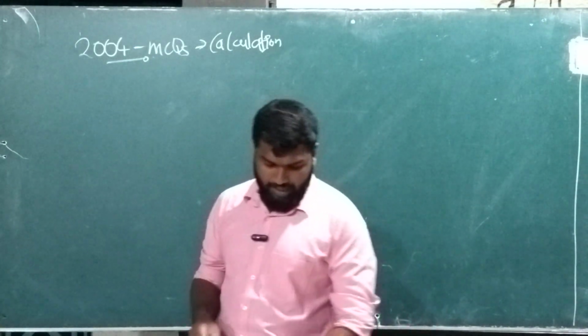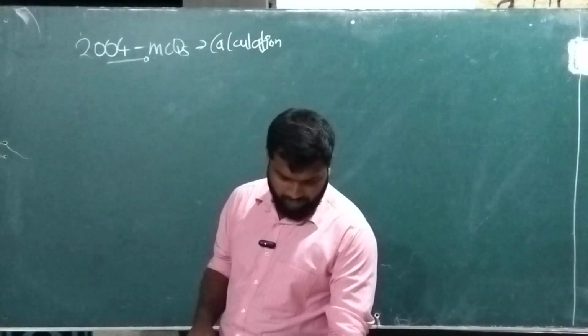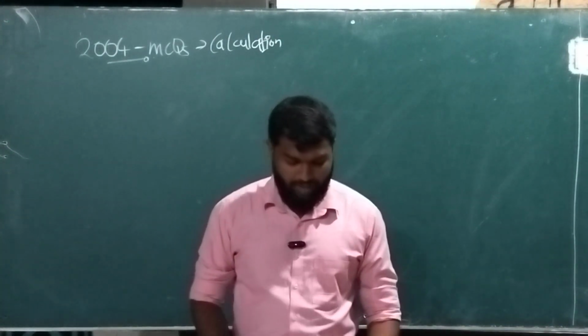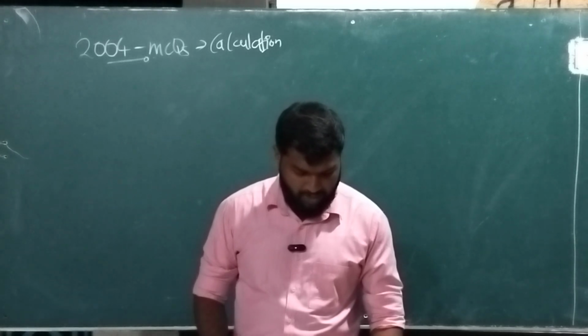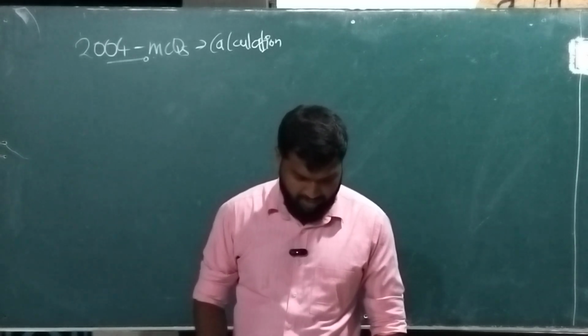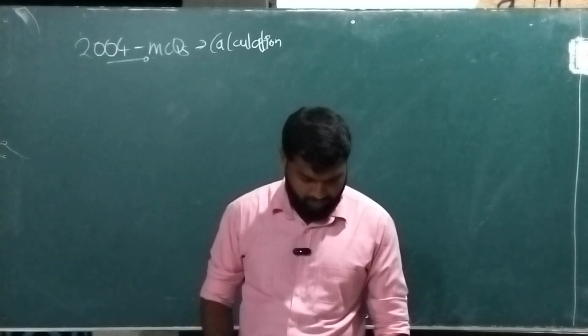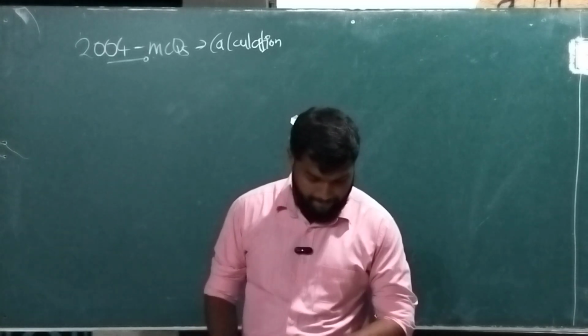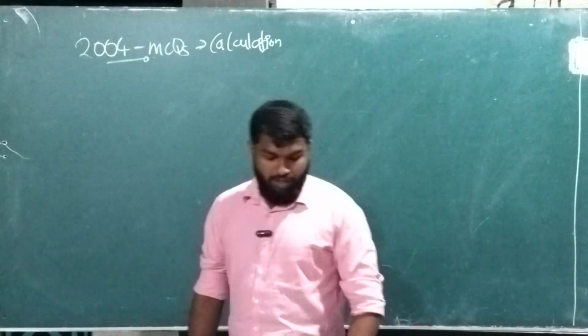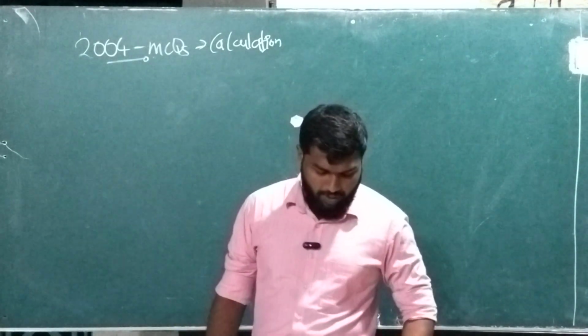There are only around 3 MCQs, so you can finish them up, right? We have 3 MCQs in each of these cases. Right, now we'll go to the next question.